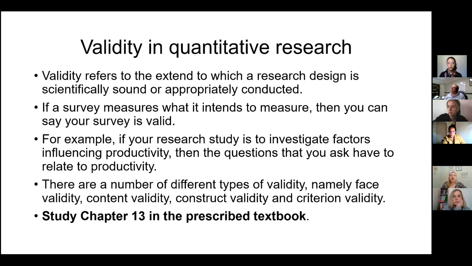So let's say your research is investigating productivity, then the questions that you ask and the questionnaire that you set up have to relate to issues in terms of productivity. It can't measure other items such as wellness. So for a test to be valid, it needs to measure what you intend it to measure.